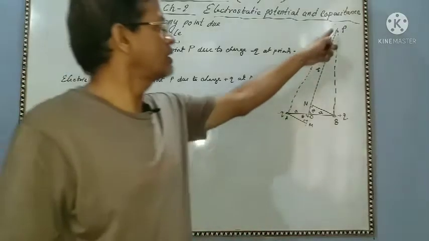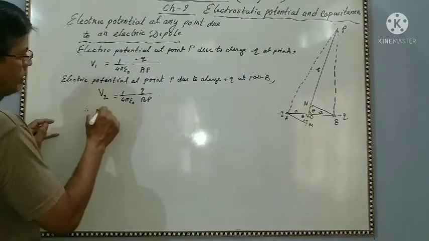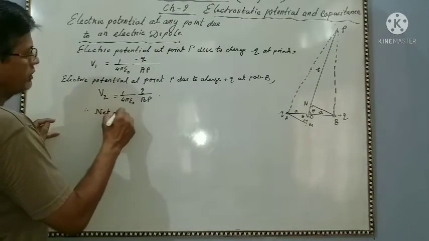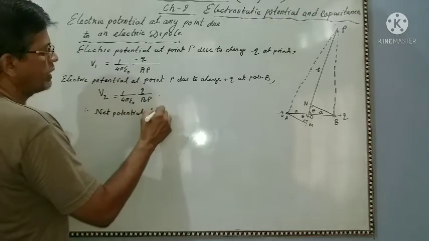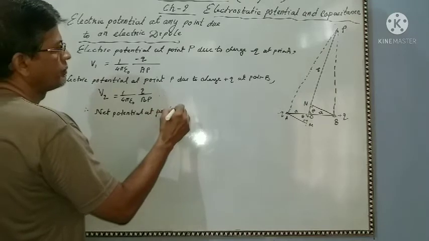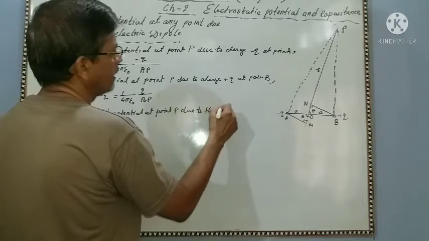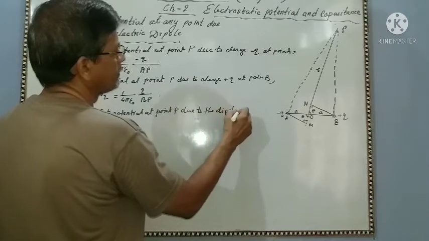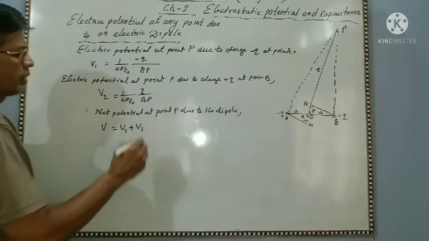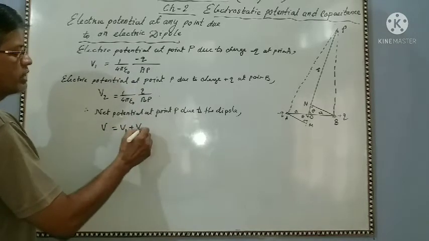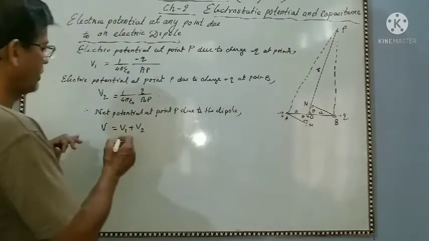So what is the net potential at point P due to the dipole? V equals V1 plus V2. The potential is a scalar quantity, so this is a direct scalar sum.